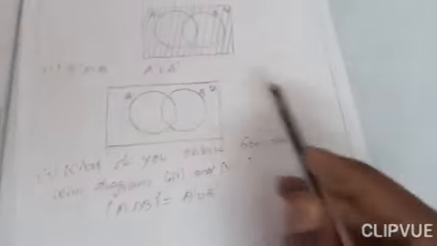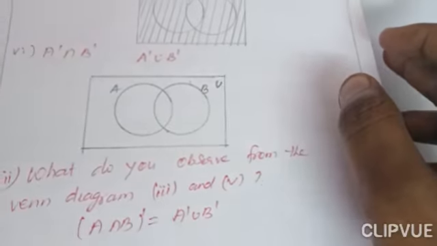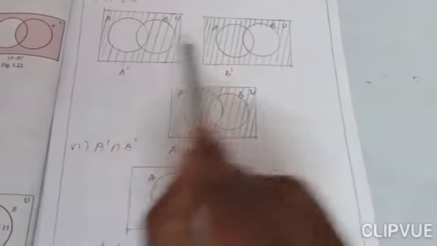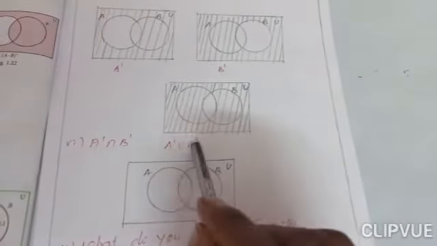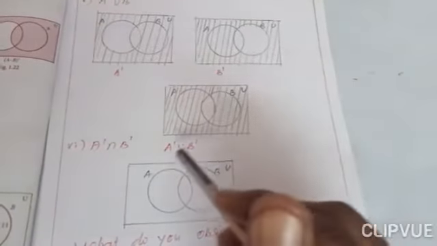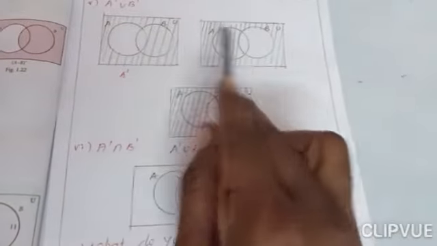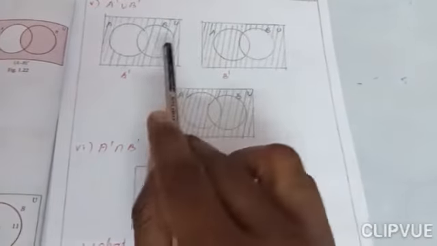The last one is A dash intersection B dash. So already we know A dash and B dash. Here we did yesterday, previous case, A dash union B dash. Here we are going to take the intersection for these two diagrams.